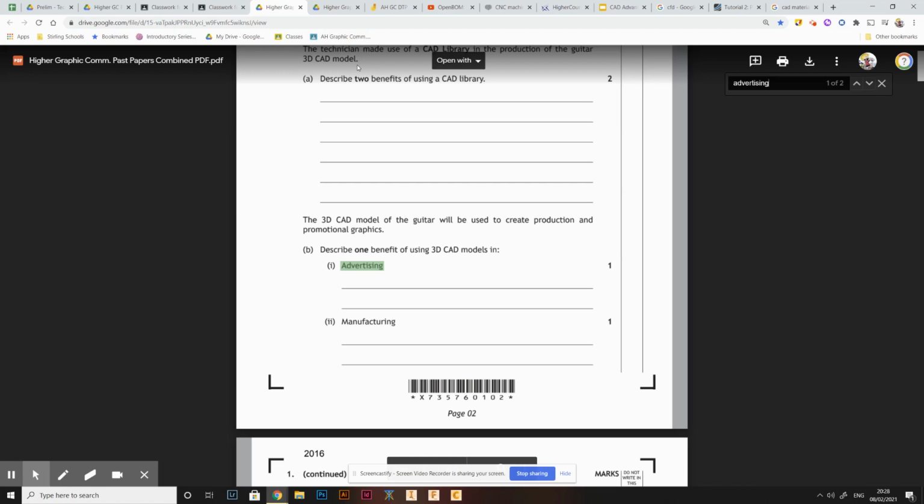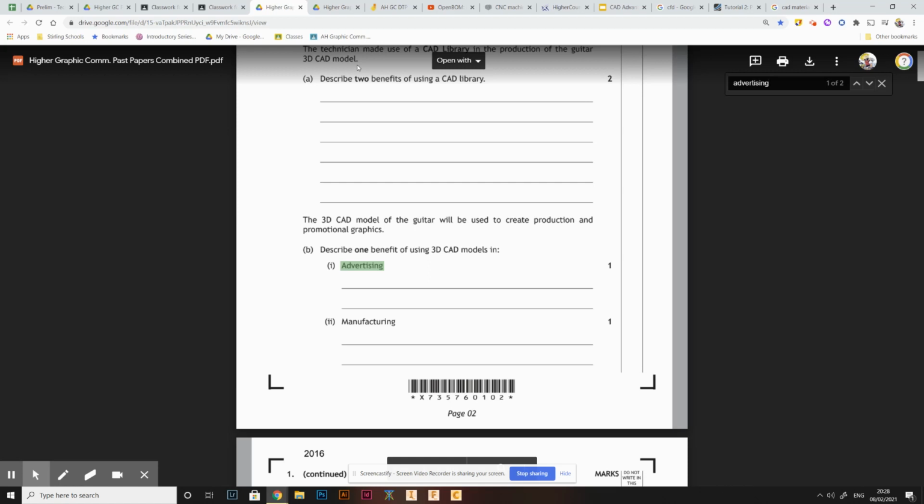But because CAD is used in so many different scenarios and industries, the context of the question is important to consider. So it's important that you read the question carefully and think about what the question is asking you about: is it a product, is it about a rendering, is it about a building or a structure of some sort?